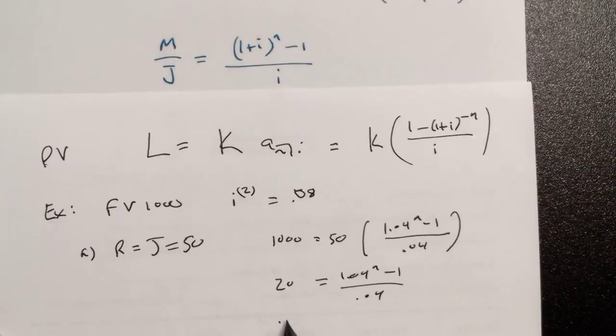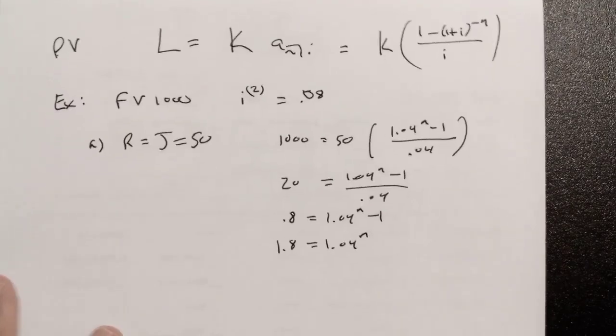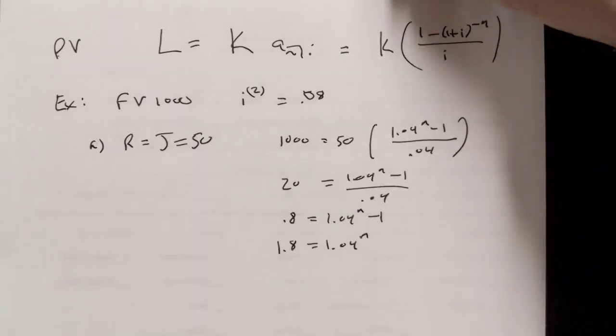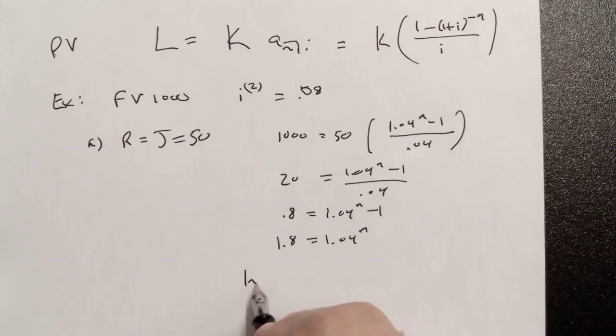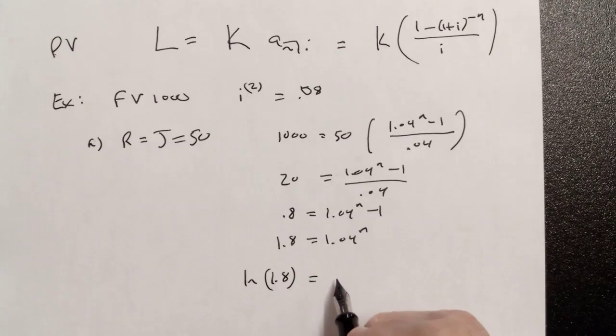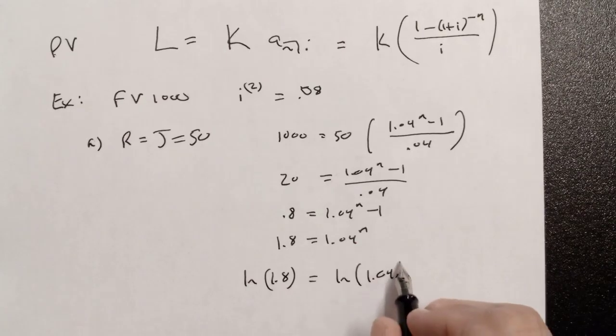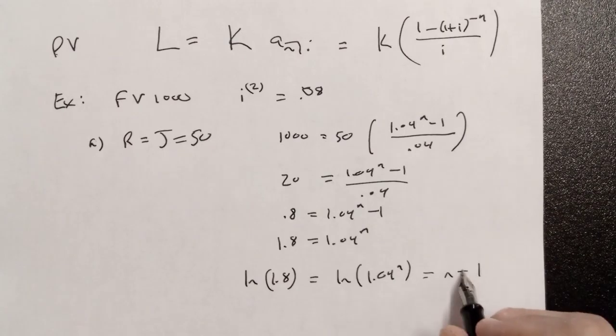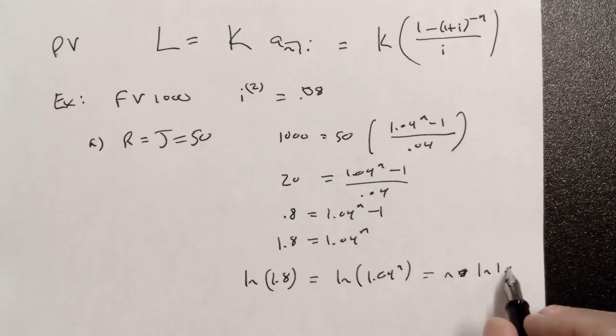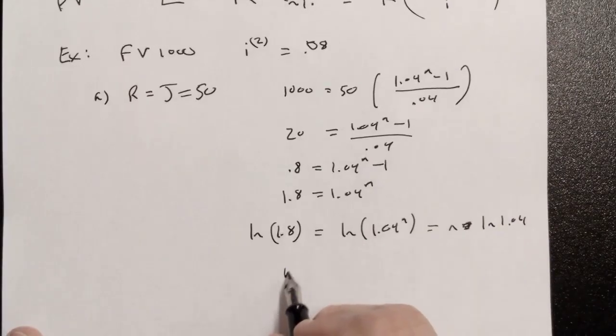Multiply that up, I get 0.8. 1.04 to the N minus 1, 1.8 equals 1.04 to the N. So now to get N, I take a logarithm. ln 1.8 equals ln 1.04 to the N. But when I take a logarithm, powers jump out front. N times ln 1.04. So I divide.